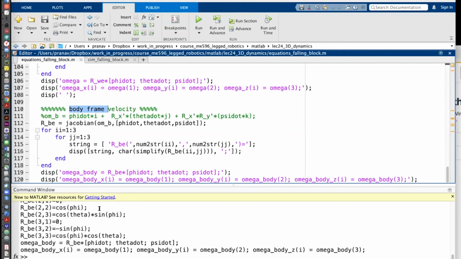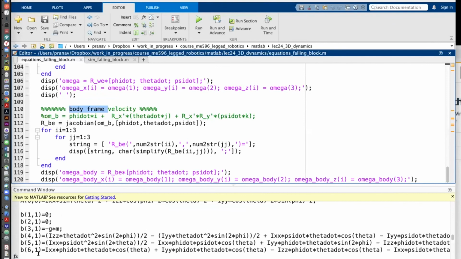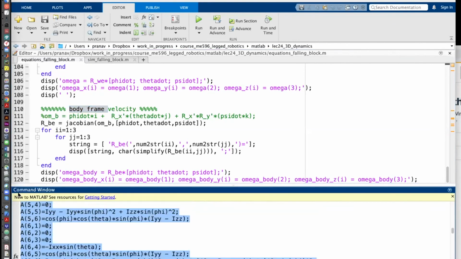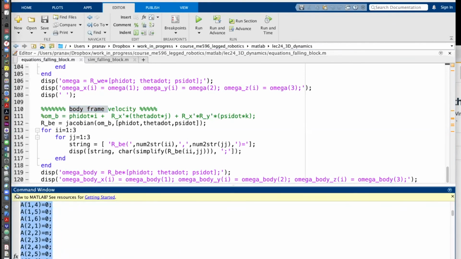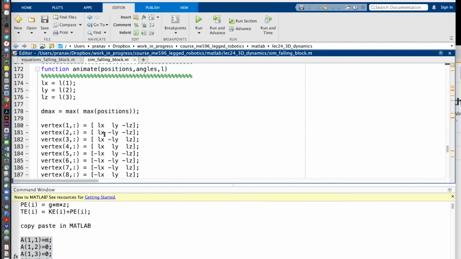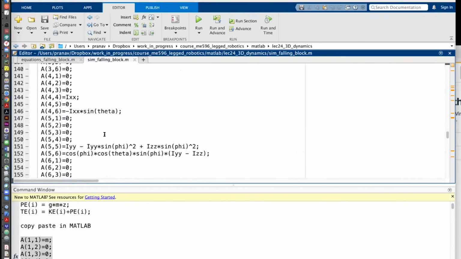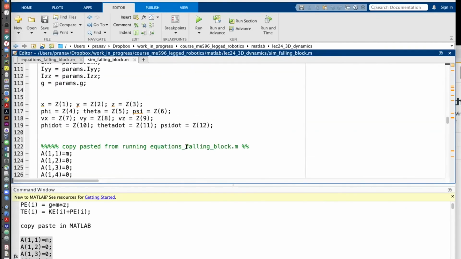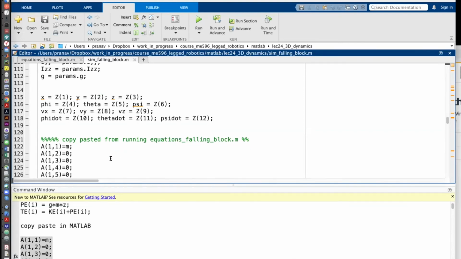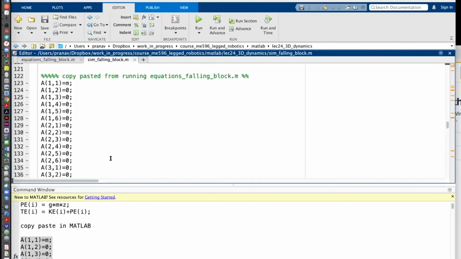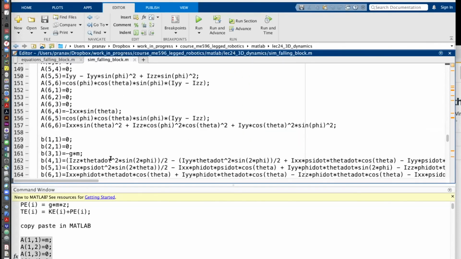So then I need to take this part, which is the B's and the A's, and copy that. So copy that and go to this code. Somewhere there'll be a right-hand side. See the right-hand side? So there it is. I copy pasted this from the equations file, the equations falling block file. Okay, everything here.